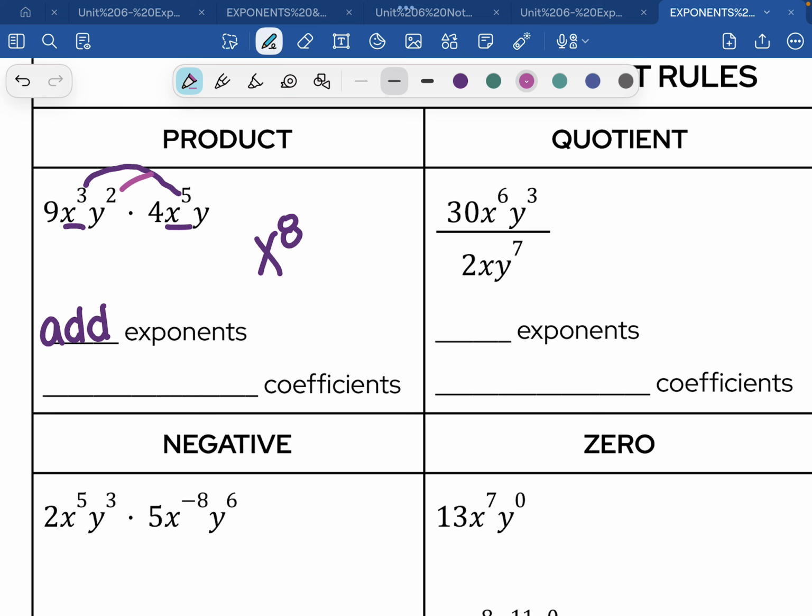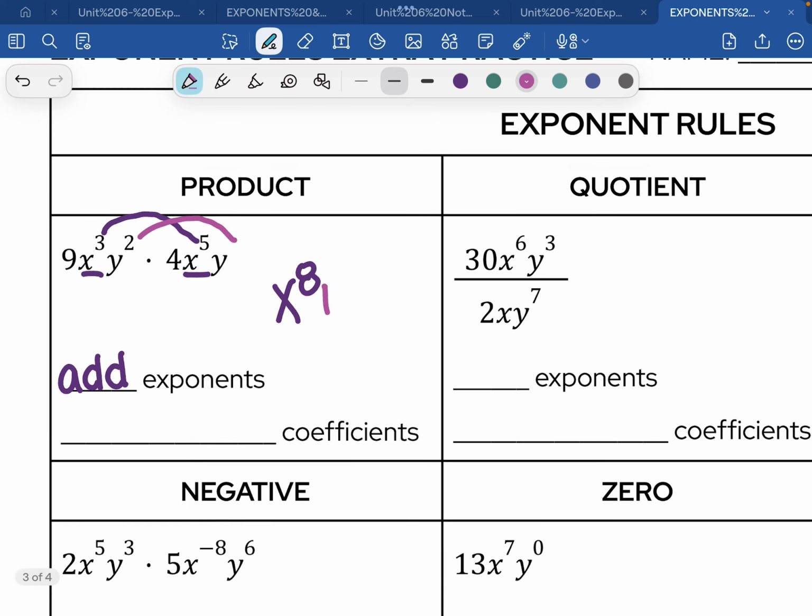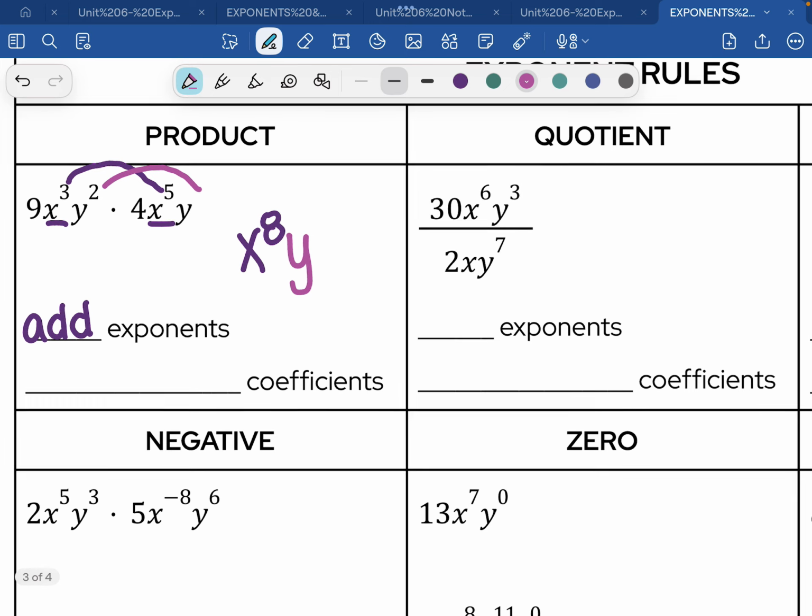Then I would do the same thing for y. Now, when I do the y, you'll notice that the y on the right side does not have an exponent. All variables have a default exponent of 1. So that would be 2 plus 1, which is 3. Then I have this extra 9 and 4 out front with a multiplication dot in between.